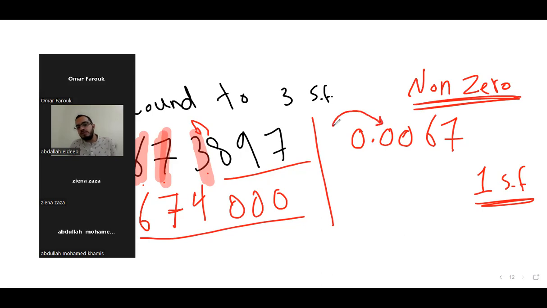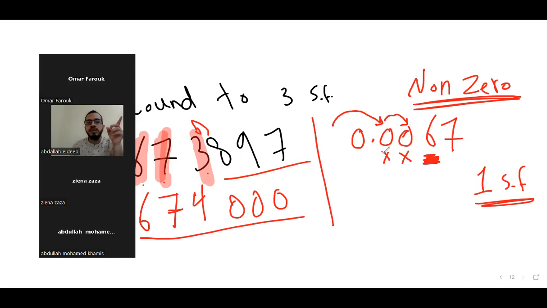So you start from the left. You have 0. Don't count. Another 0. Don't count. Now count. So 6 is the first significant figure. But teacher, why?